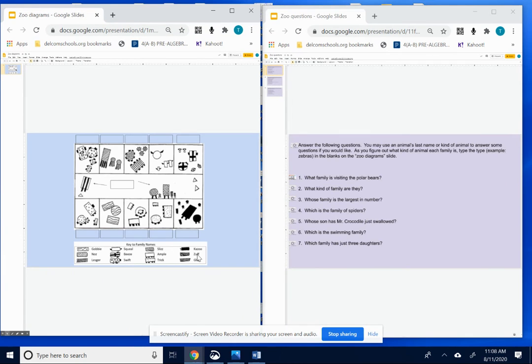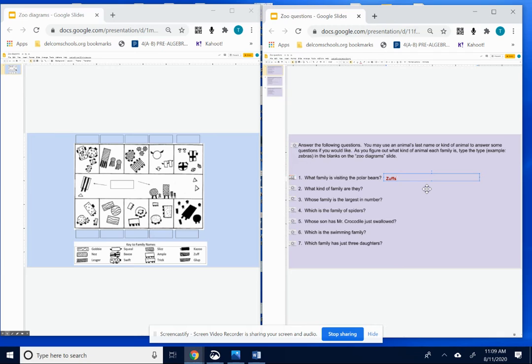But it should be the Zuff family. So that's the Zuff family doing the visiting. I'm going to click by the question and type in Zuff family. I'm just going to be a little bit lazy and type in Zuffs. The Zuff family is visiting the polar bears.